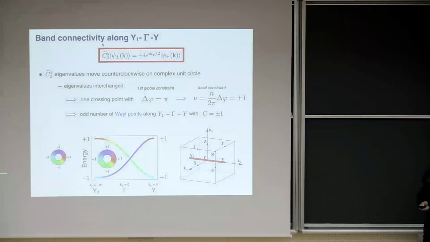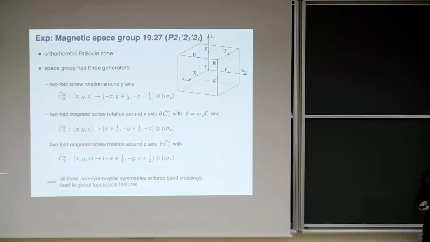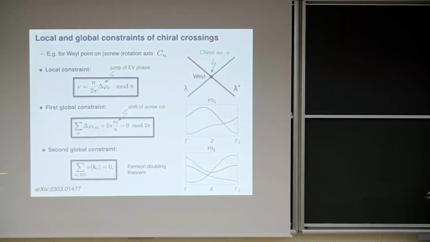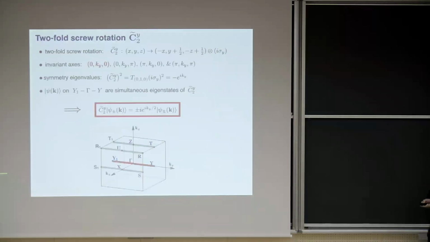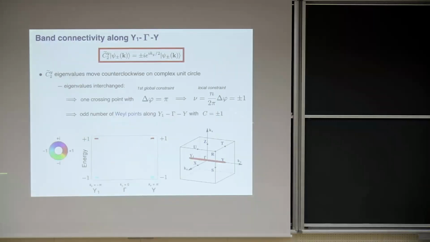Now we can combine this with the local constraint here, which relates this phase jump to the Chern number. And we find from this that this phase jump of π must result in a Chern number of plus or minus 1 for this crossing on this screw rotation axis.